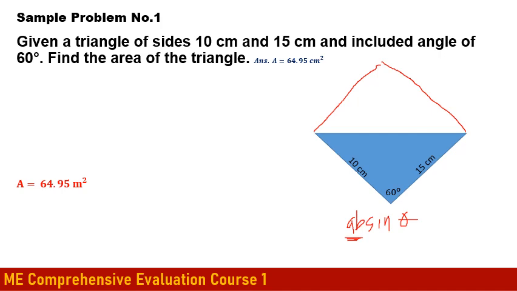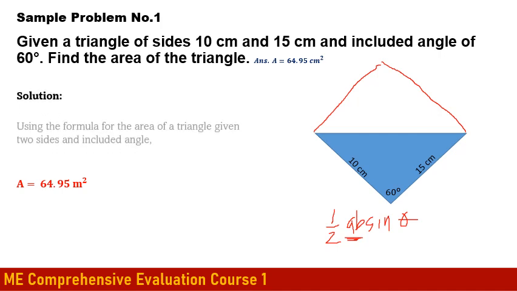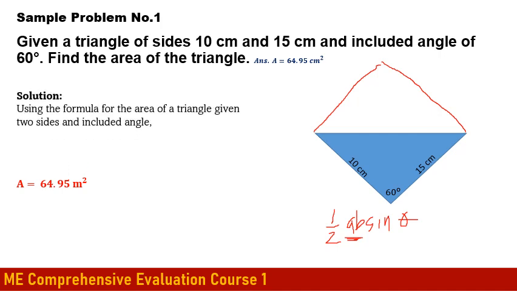But since this is a triangle, it's just 1/2 of the parallelogram. That's why we add here 1/2. So that's the reason why the area of a triangle can be written in this way: 1/2 AB sine theta.